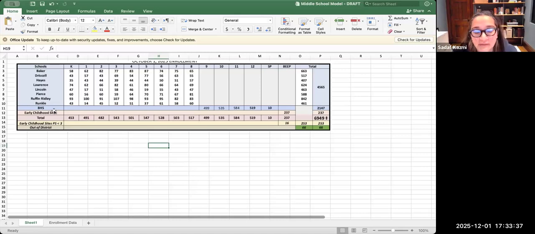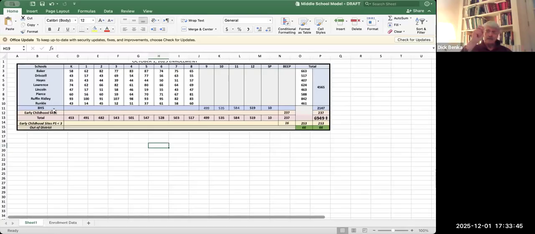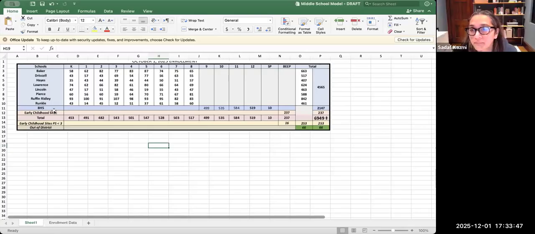One place where I think the space and capacity analysis is relevant is around redistricting the elementary schools to get closer to your target classroom size, and therefore potentially get some efficiencies in the number of classrooms.